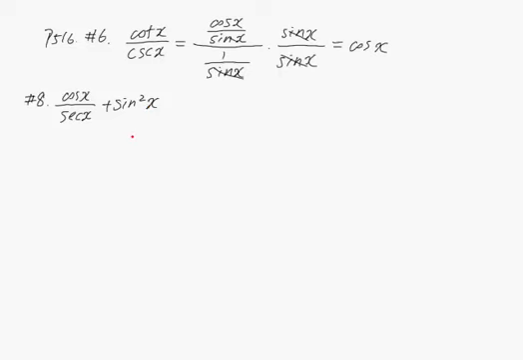Since we need to use the sine and cosine to rewrite those trigonometric functions which are not sine and cosine, first let's replace this secant x by 1 over the cosine x. This is the reciprocal identity. So you have the cosine x divided by 1 over the cosine x.